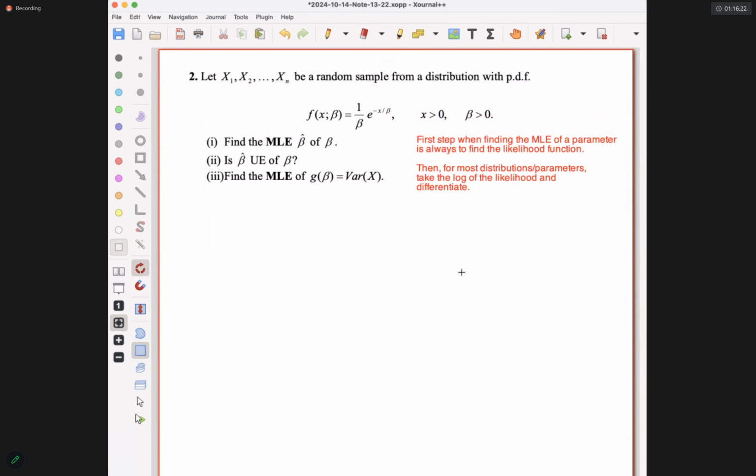So here we have a PDF, and this is the PDF, as we're used to, of a single observation from this distribution. And what do we do with this PDF in order to find the likelihood function?